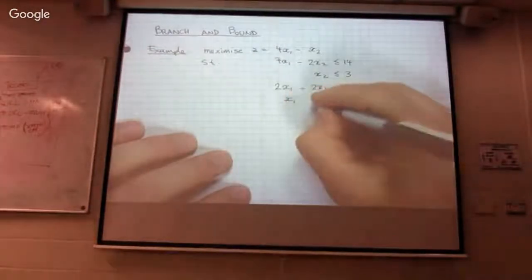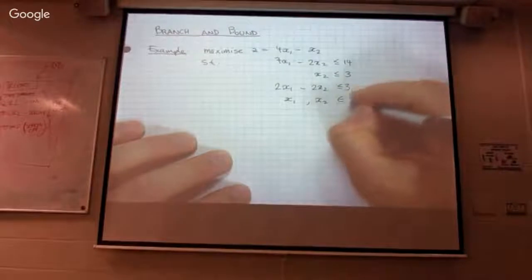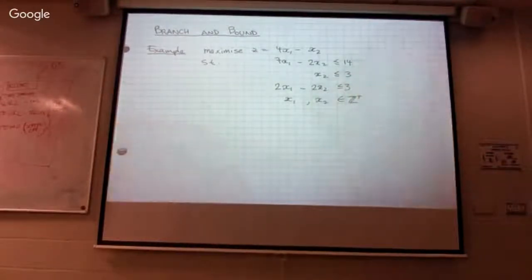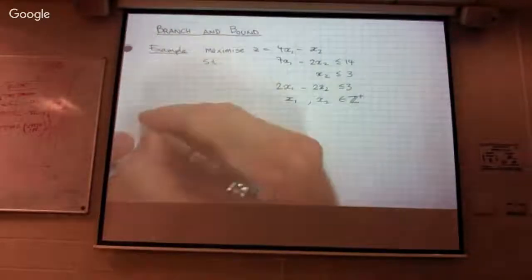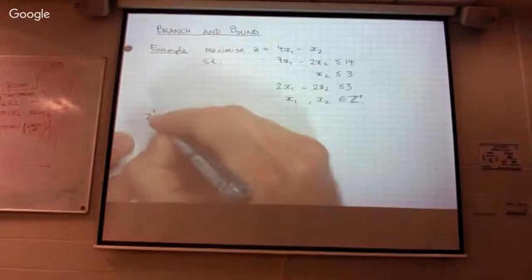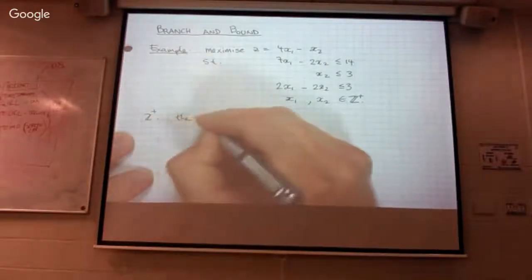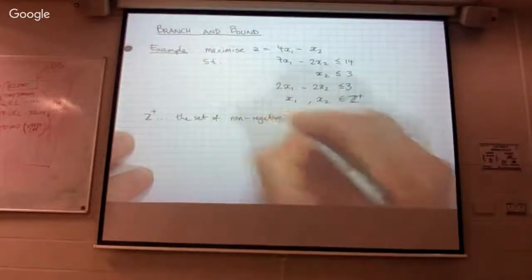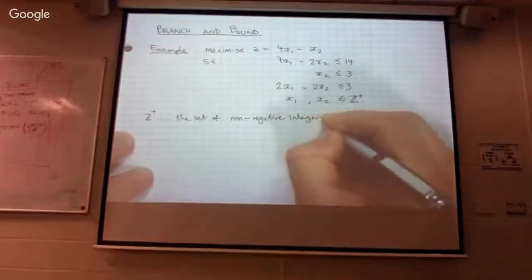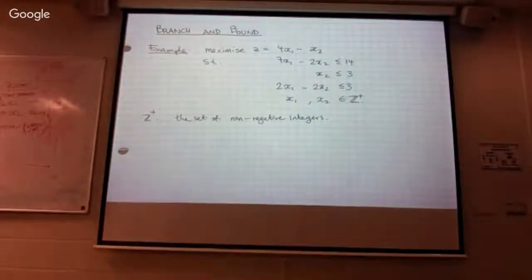And x1, x2 are in Z plus. Well, maybe I didn't say what Z plus is. What is Z plus? x1 and x2 have to be greater than or equal to 0 and integer.